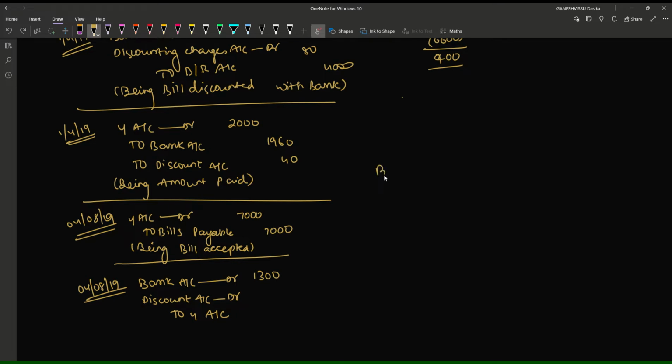We need to calculate the discount amount to be written here. Discount amount: we need to calculate the relevant amount from this 400, and charge some discount to X also. We need to charge this amount, right?